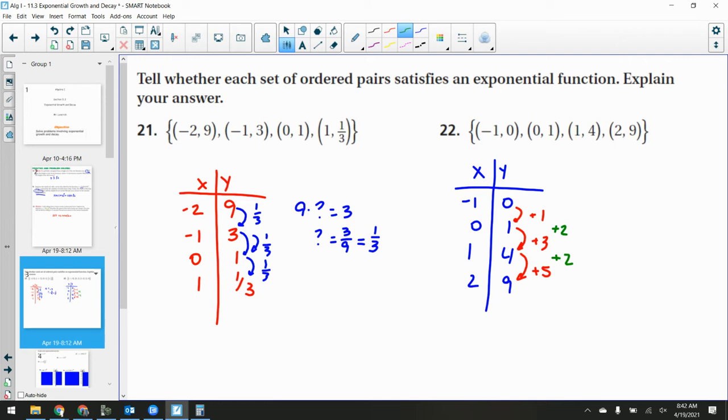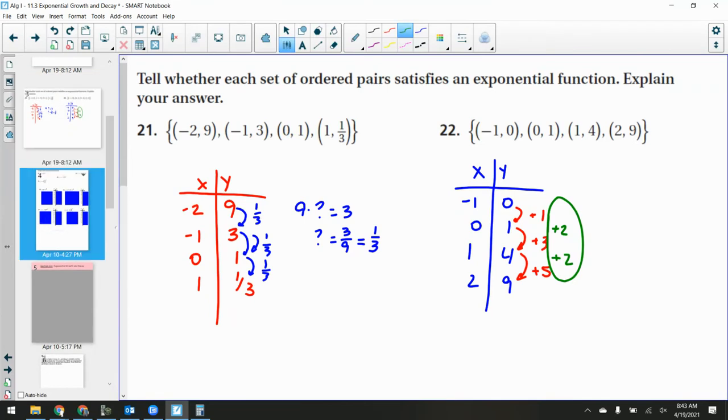If this was all the same, this would be linear. But because this is a constant set of second differences, what does that tell me? It's quadratic. Okay? It's a U shape. It's a parabola. If you have a constant set of second differences, that tells you that the function is quadratic. Did it ask me for that? No, but that's what it would be.